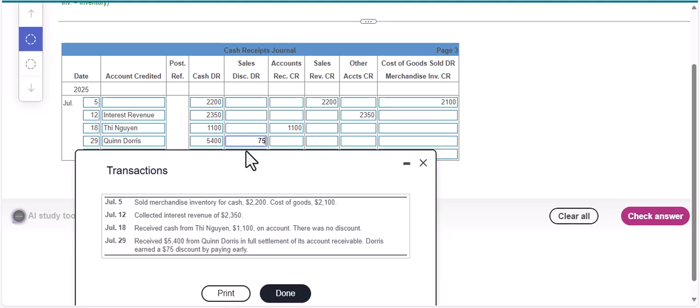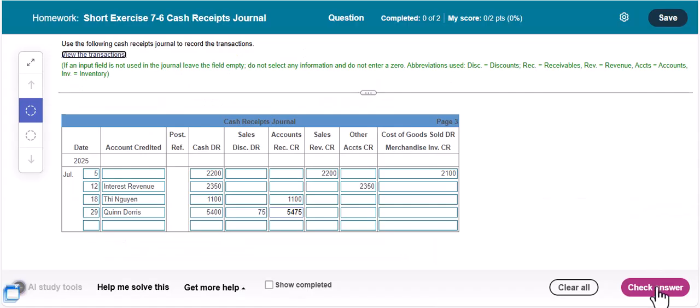And what account will that be credited to? It's going to be that accounts receivable. So that is going to be $5,475 to pay off that accounts receivable balance with that discount and cash. So now our debits equal our credits. Let's go ahead and minimize this and check our answer.